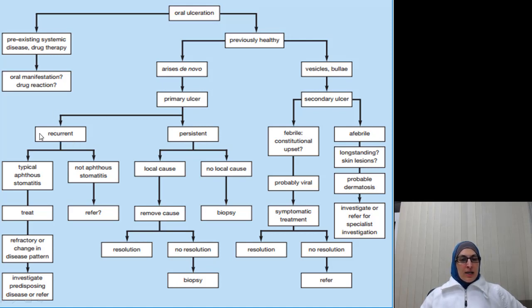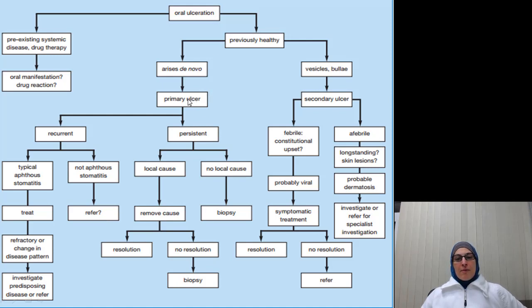If it is recurrent, you need to figure out whether it is recurrent aphthous stomatitis. If there are no underlying systemic causes, then we treat it as we discussed earlier. If it is not aphthous stomatitis, maybe it is RAS-like with an underlying condition, so you refer either to a GI specialist if you suspect GI disease, or a dermatologist if you suspect mucocutaneous disease.